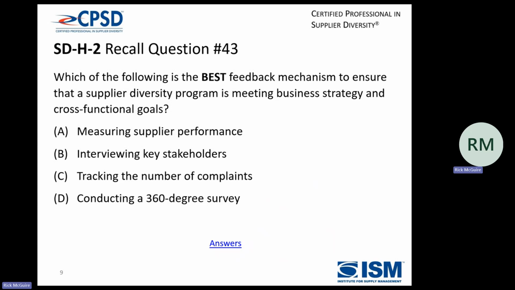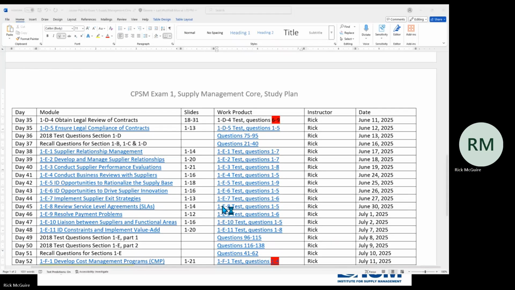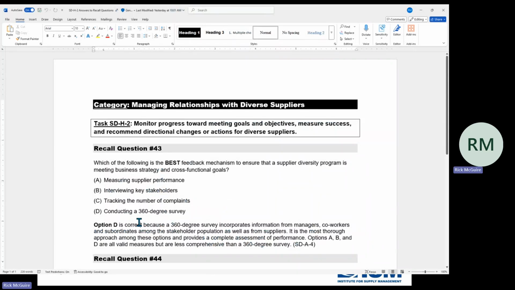Tracking the number of complaints, no. Conducting a 360 survey, usually that is the answer with ISM, but I think it's measuring supplier performance. No, it's always conducting a 360 survey with ISM. So options A, B, and D are all valid measures, but are less comprehensive than a 360.